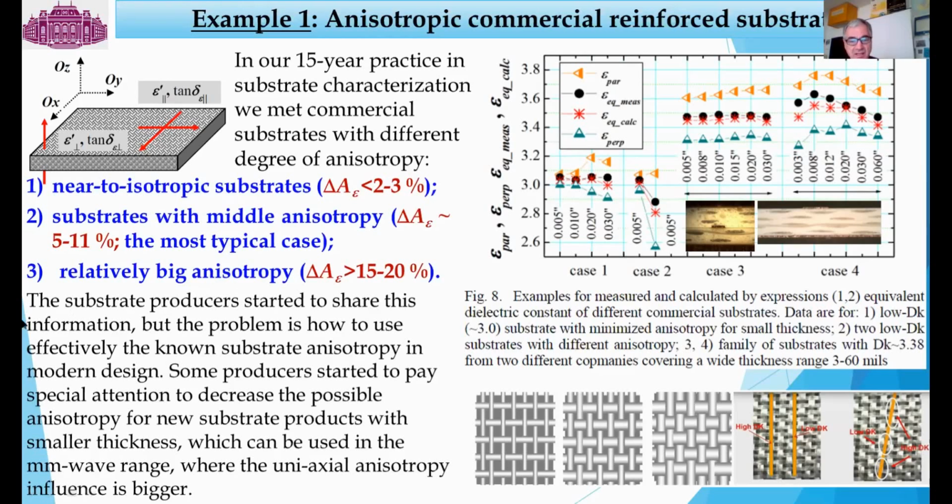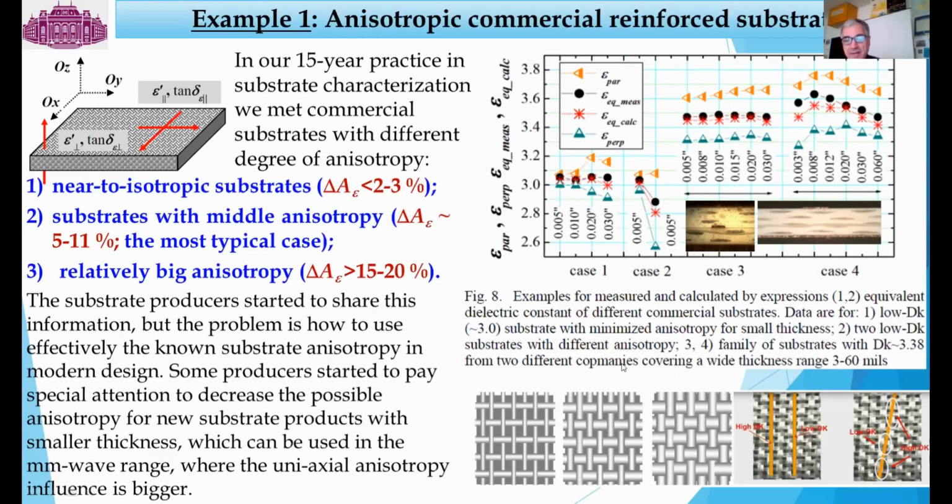And some of the materials have very, very big anisotropy, more than 15-20%. Here we can see a very useful comparison between the materials of two companies. One company presents very good materials with controlled anisotropy. Another company has materials with not so controlled anisotropy.